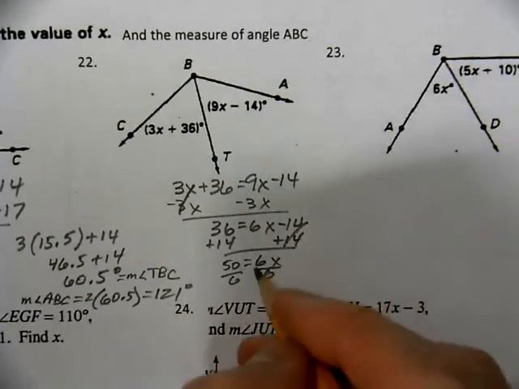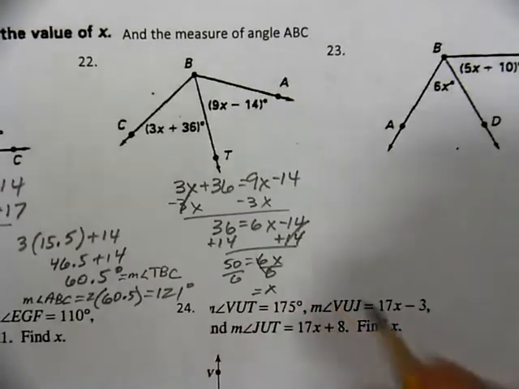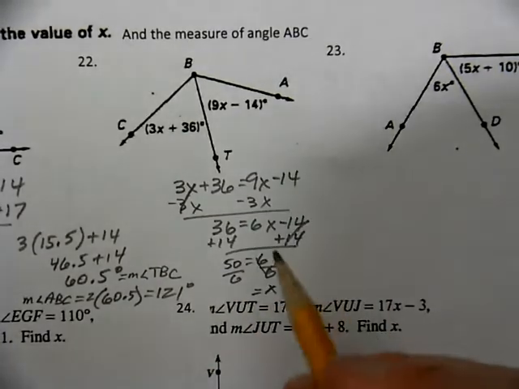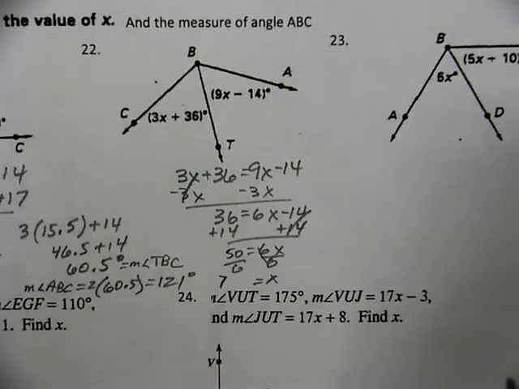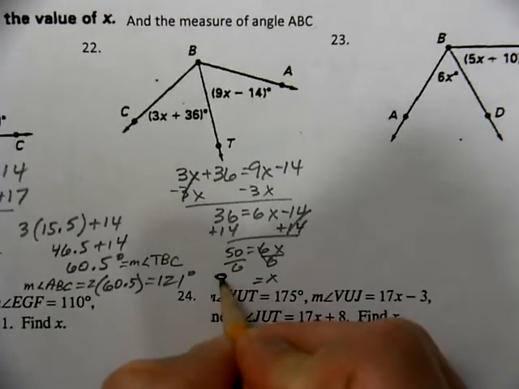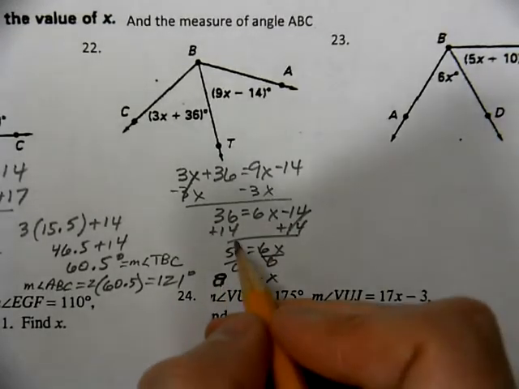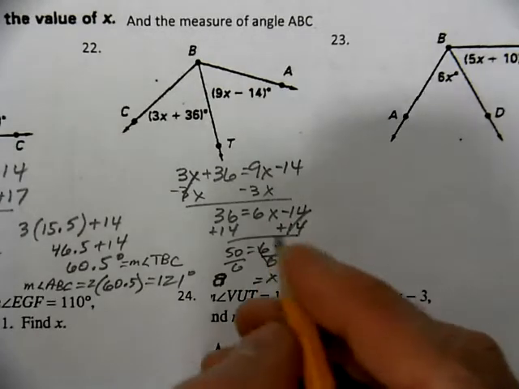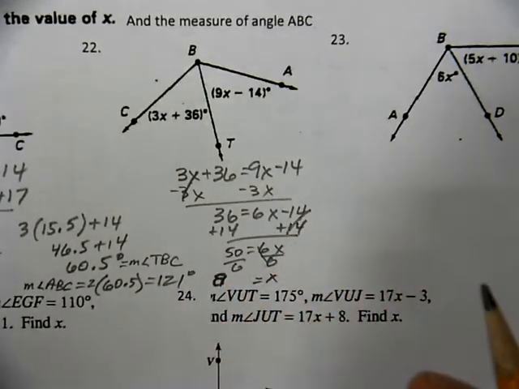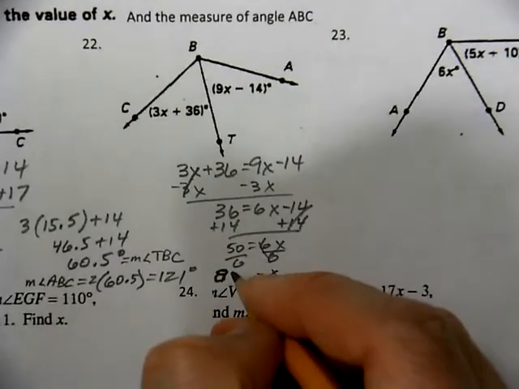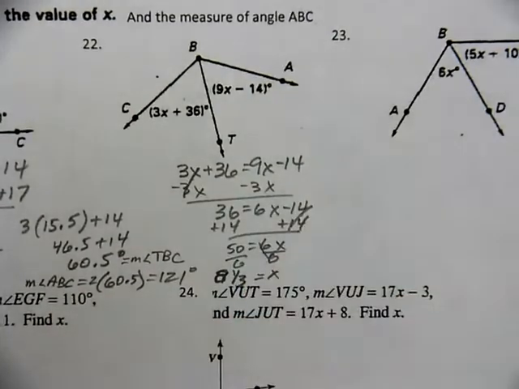So x equals, 6 is going to go into there 7 times, which is 42. Actually 8 times, which is 48. And 2/6 left over, so that's 1/3. So we could call that 8.333, but even better, 8 1/3.